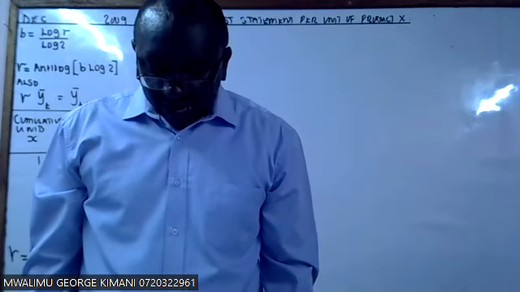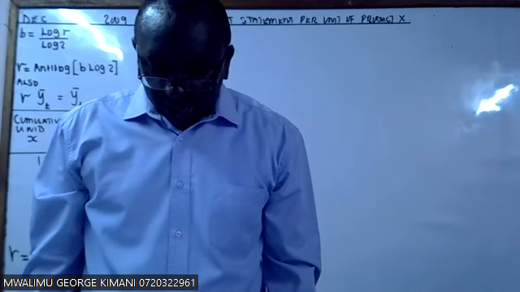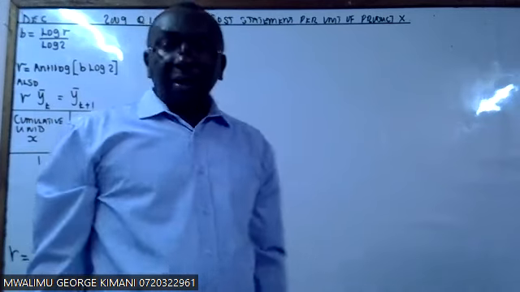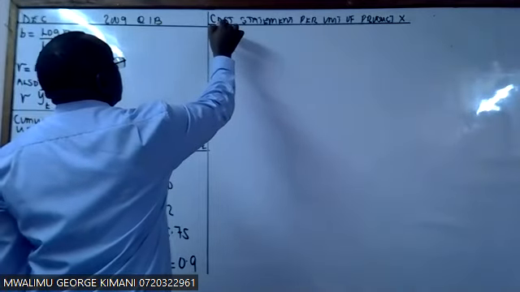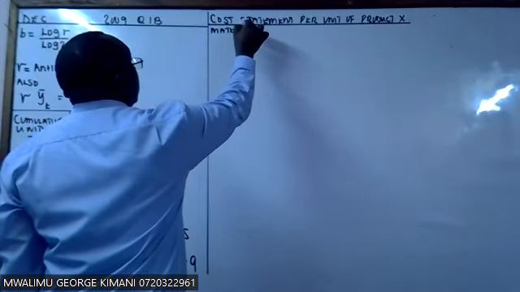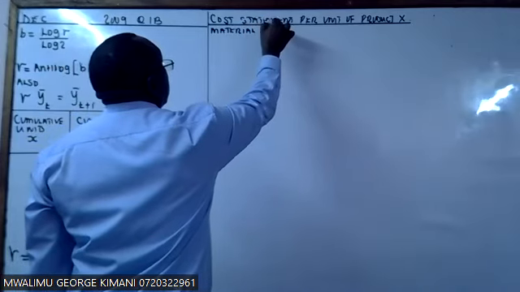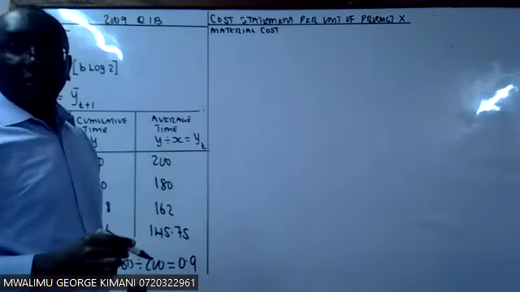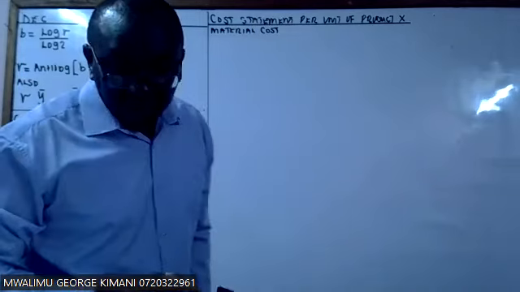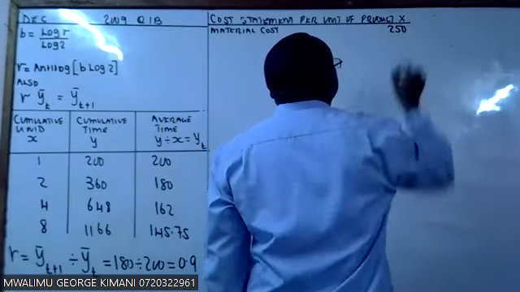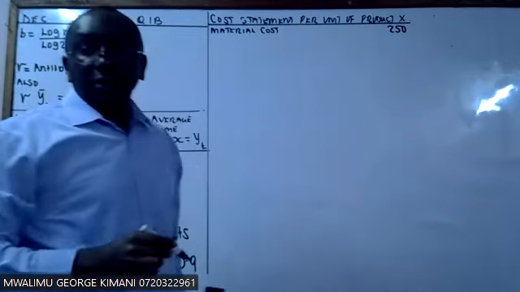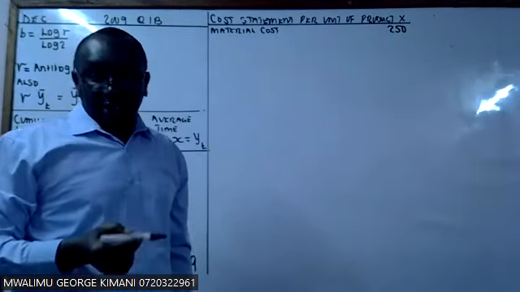And we have standard material cost per unit. So we will start with the material costs. Now that one does not require a working, so straightforward, we are told it is 250 shillings. That is straightforward.